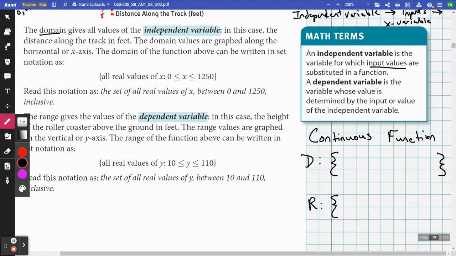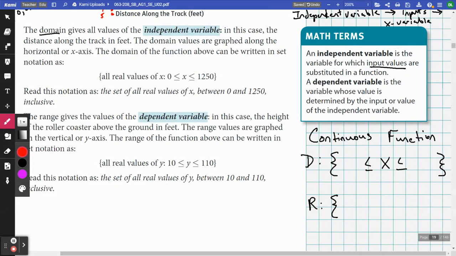For your domain, which is your independent variable, which is what variable? Your x variable, right? So I'm going to put my x in the center. Then I'm going to put my less than or equal to symbols.